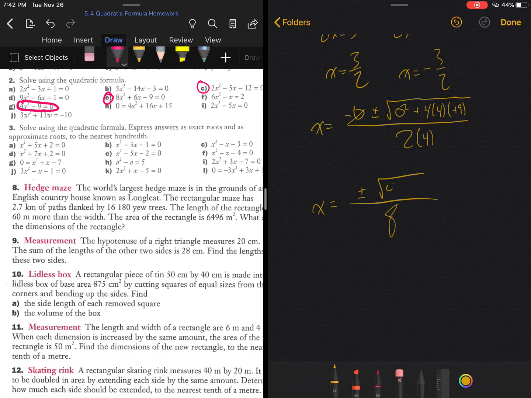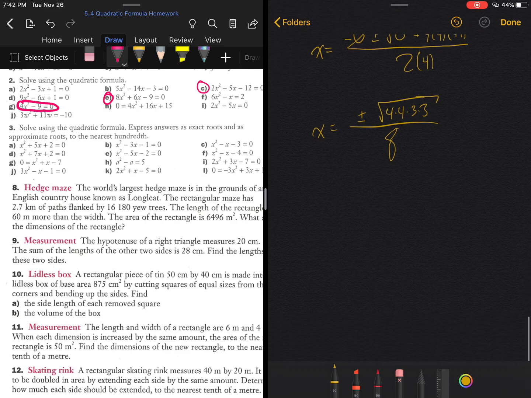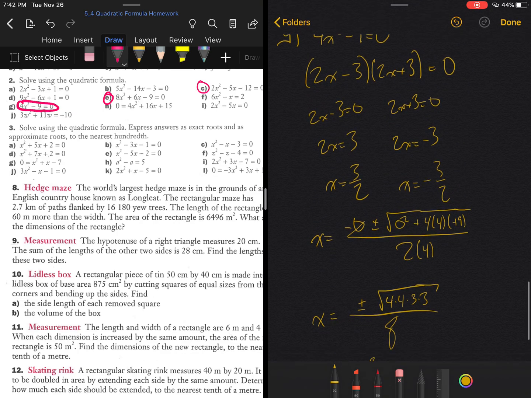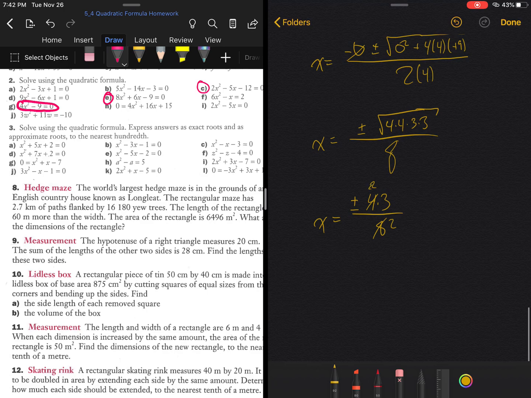Minuses become plus. 4 times 4 is 16 times 9. Basically, it's 4 times 4 times 9, which is 4 times 3. So that's pretty straightforward. x equals plus or minus, we have a 4 times 3 over 8.